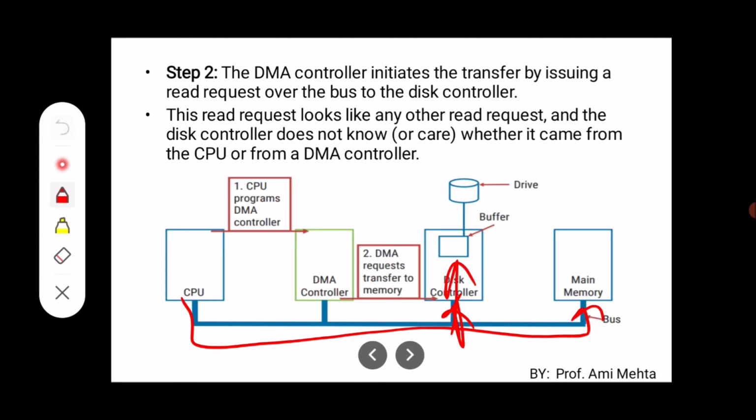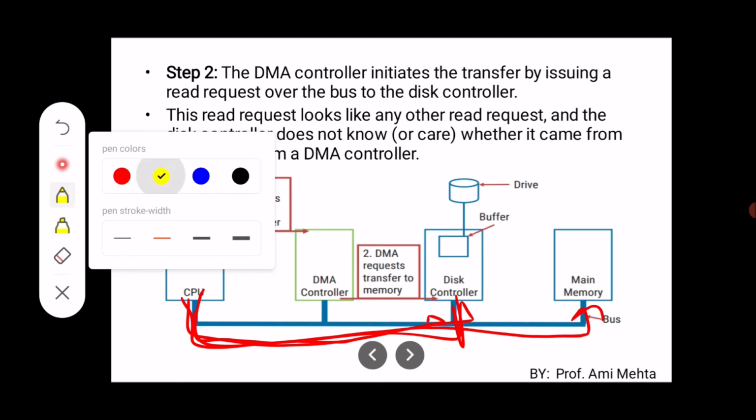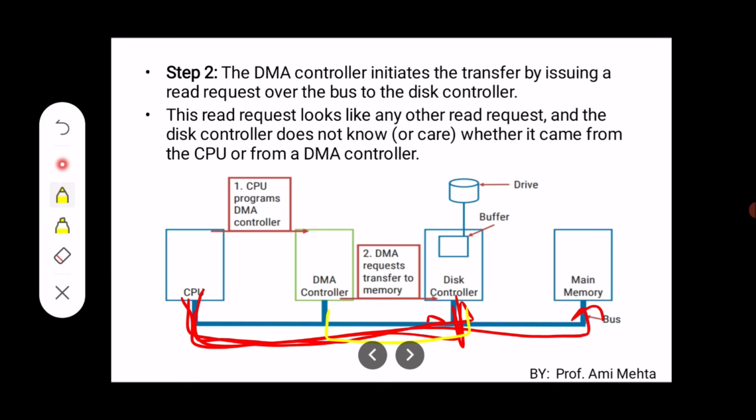Now with the concept of DMA, there is no need for this line to transfer. Instead, the transfer is via the DMA controller. So now this is removed, and the DMA controller accesses the transfer from the disk controller buffer to main memory.